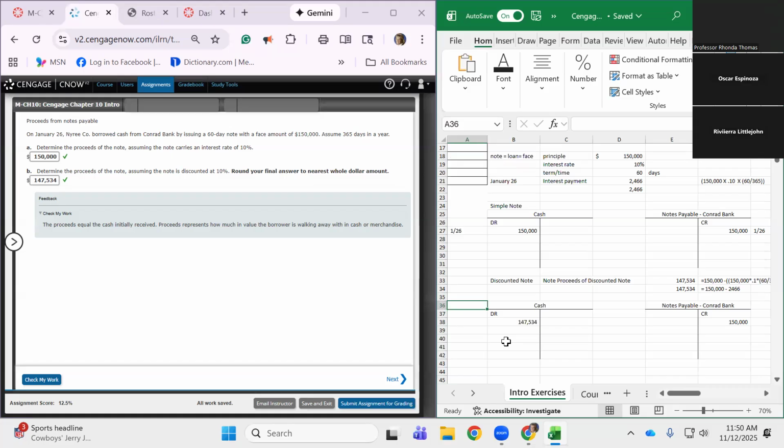You'd rather have the $150,000. That note is more beneficial to you, even though you're going to end up paying this interest in 60 days. When this note gets paid, we're going to pay $152,466. We're going to pay the loan amount plus the interest when we pay back our simple note, right?